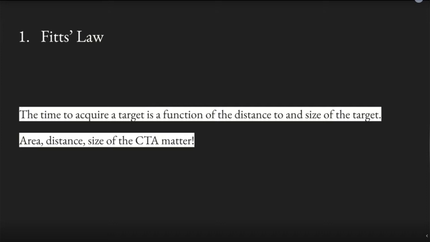Maybe more users use your app from a mobile phone, and therefore they're not so precise in how they act towards the target, because maybe they're walking, or they're on the U-Bahn and so on. So you have to make the target, which in this case is the button, or the drop down, or whatever you want, bigger. So in a nutshell, I would say that the area, distance, and size of the CTA matter. So yes.